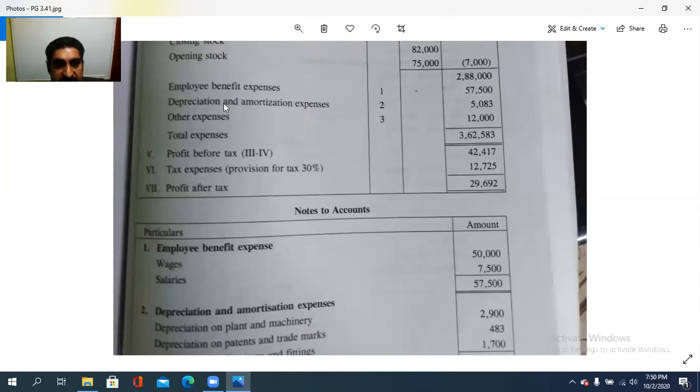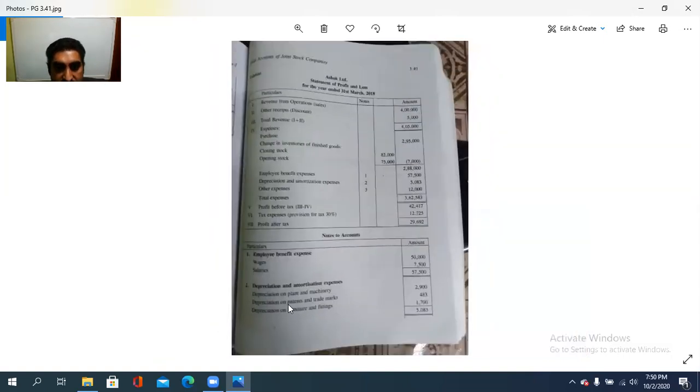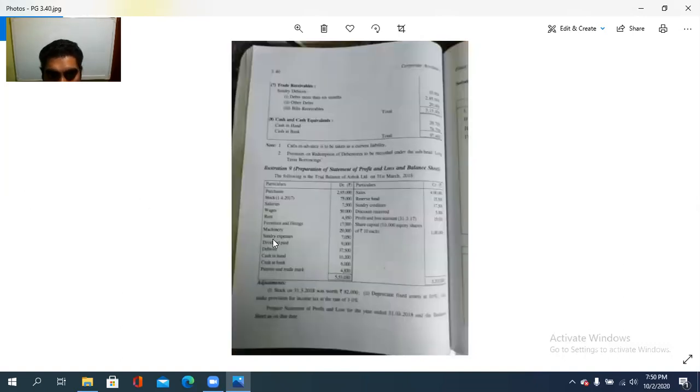Then depreciation and amortization expenses. What all depreciations are there? Depreciation on plant and machinery, on patent and trademarks, and on furniture and fittings. Total 5,083 is coming. I think that is 30% itself. How much is the depreciation for? No, that is income tax. Fixed assets at 10%.